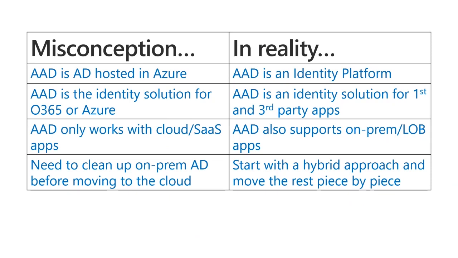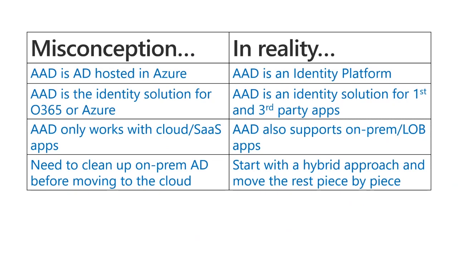The reality is Azure AD is a completely independent identity provider, and you can use it for any application. It may be your line-of-business application, your on-prem web application which does Kerberos constrained delegation or Windows integrated auth, or a SaaS application like Amazon or, as I said, Salesforce.